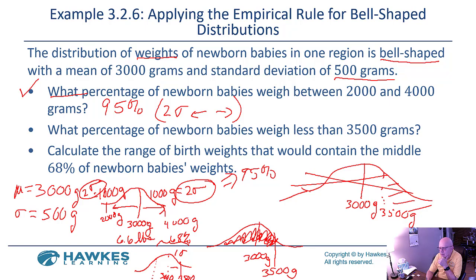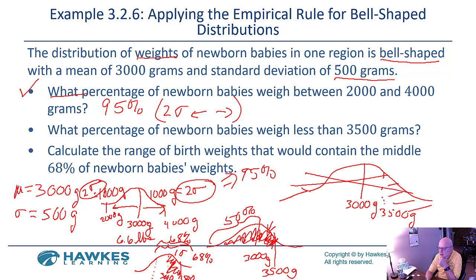So how much do we have just in this part right here? Remember, we want everything from 3,500 down. We already know that from here on down is 50%. If we can figure out what that is, then we can add it to the 50%. Well, 68% are between here and here.